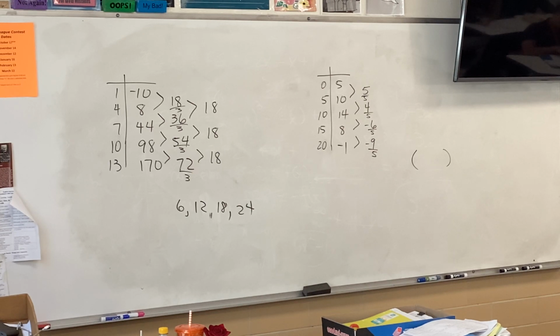Increasing. There's only one part of the graph that's increasing, and that's from B to D. Decreasing would be A to B and D to infinity.